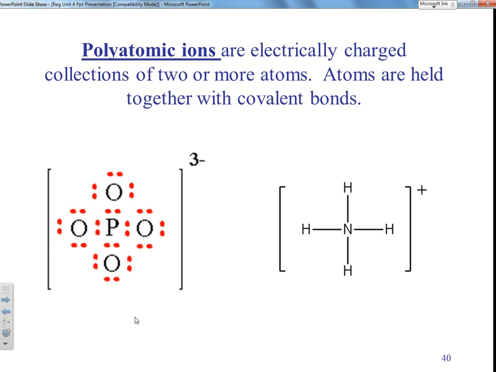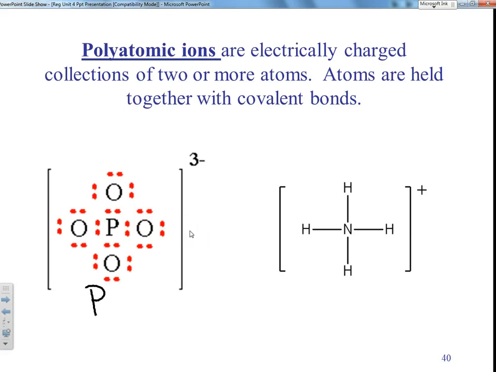Okay, so we talked about the fact that molecules are neutral atoms, but you can also have nonmetals covalently bonded to each other, and then the entire compound loses or gains electrons. These are what are referred to as polyatomic ions. So these are electrically charged collections of nonmetal atoms bonded to each other. And you can draw an example. This here is called the phosphate ion.